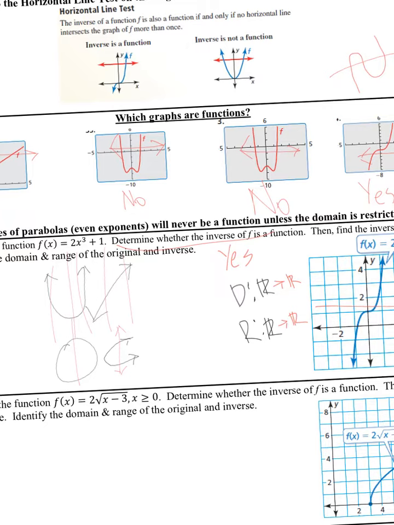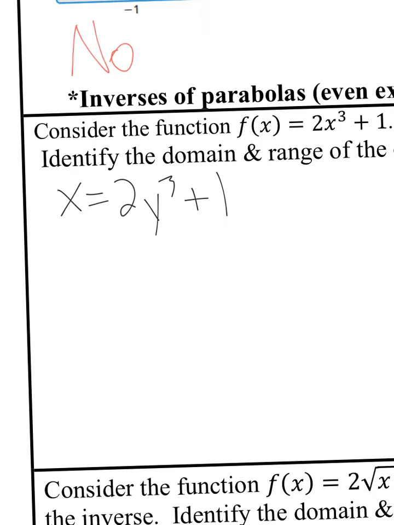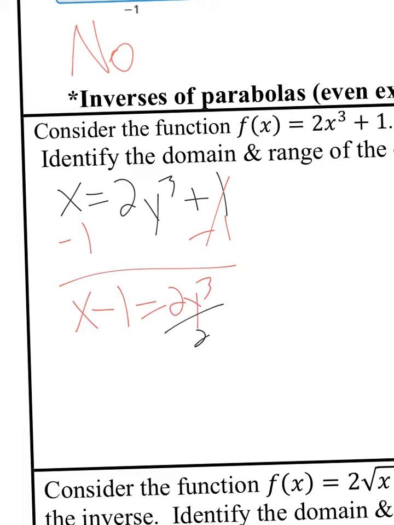So the next thing I need to do is calculate the inverse. Here I have it set up with the x and y being switched. So I'll add 1: x minus 1 is equal to 2y to the third. I can divide both sides by 2, and you get 1/2 x minus 1/2 equals y to the third.